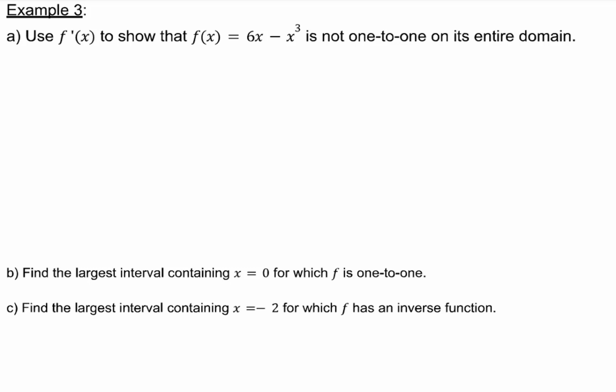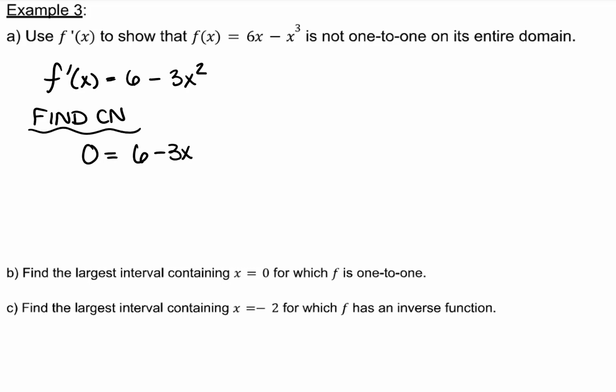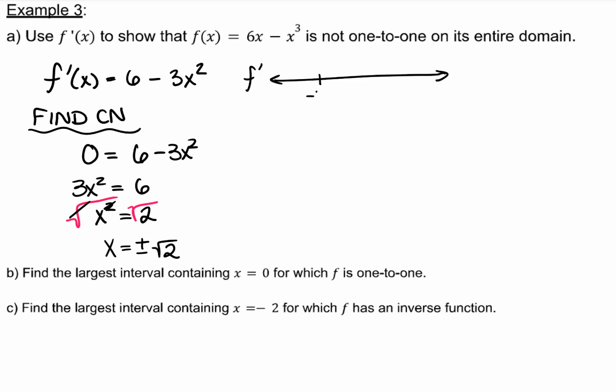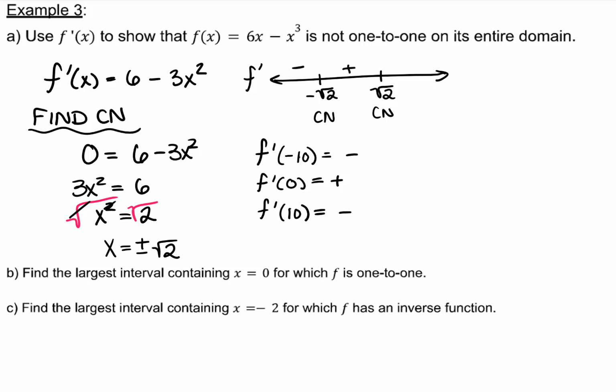This is simply the f prime number line. This is not strictly non-increasing because it's increasing on this interval.